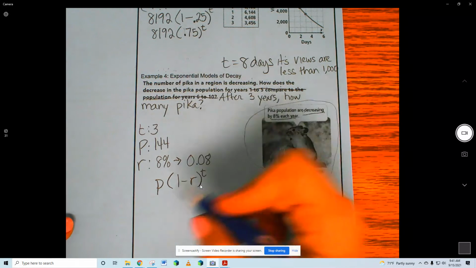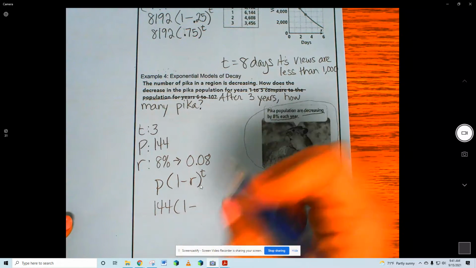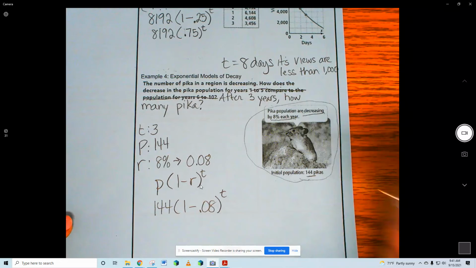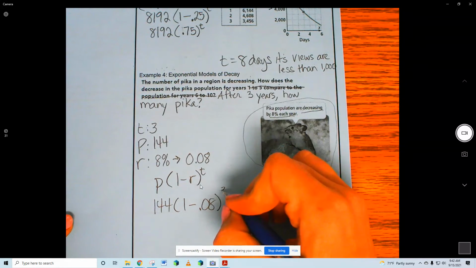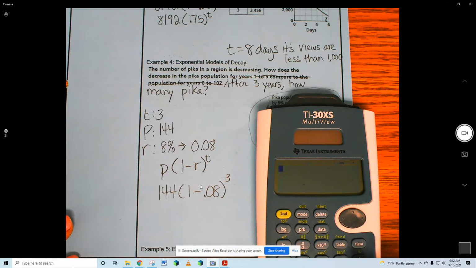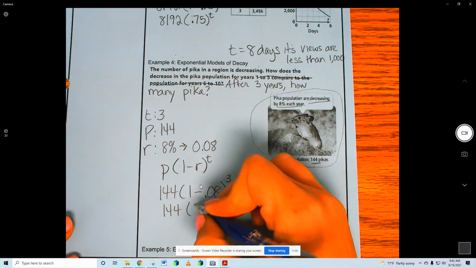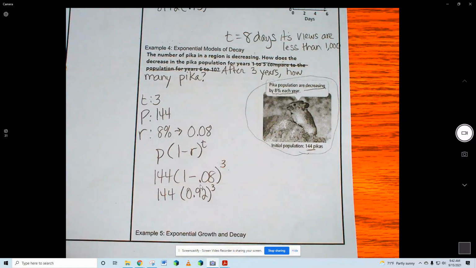So you have to do in your calculator 1 minus 0.08. 0.92. Raised to the power of 3. That's the formula that you have to do.